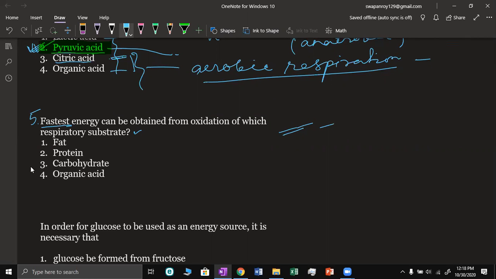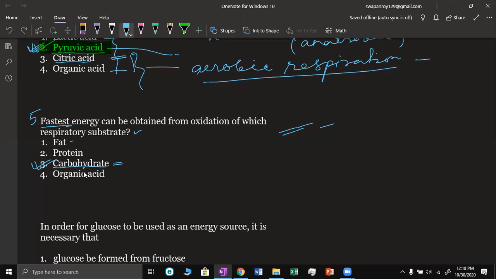So it is the carbohydrate, fat, protein, organic acid. The primary thing is carbohydrate. If carbohydrate is not there, then only fat is used as a respiratory substrate. After that, protein and organic acid. So the answer is carbohydrate.